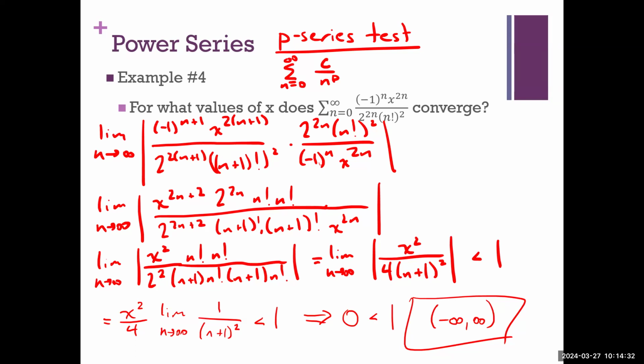This converges everywhere, for all values of x. Also, when you're looking at the ratio test, you're by definition looking at absolute convergence, because the ratio test is defined on the absolute value of those terms.